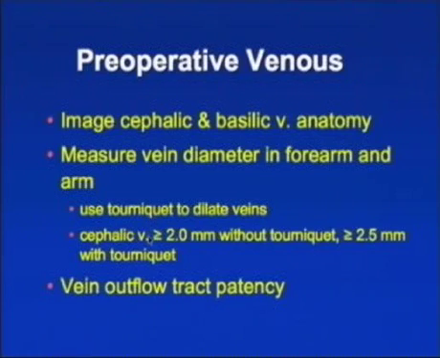If the cephalic vein is 2 millimeters or greater without the tourniquet, then the cephalic vein is suitable for access procedure preoperatively. With the tourniquet, if it's 2.5 millimeters or greater, again, that's a suitable vein for the procedure. Again, as mentioned before, we evaluate the vein outflow tract for any obstruction or thrombosis. This is critical in preoperative assessment.